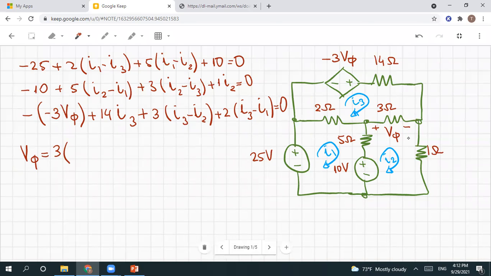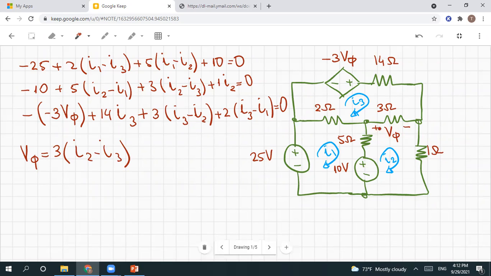And now, I2. Is it I3 minus I2? Okay, but you started from this negative sign, and according to the passive sign convention, we need to start from this sign. So it is I2 minus I3. Thank you so much. So this is the voltage V5.